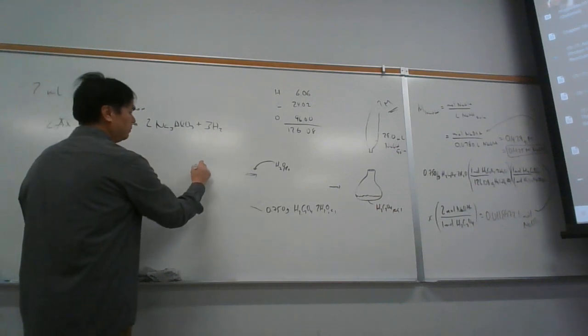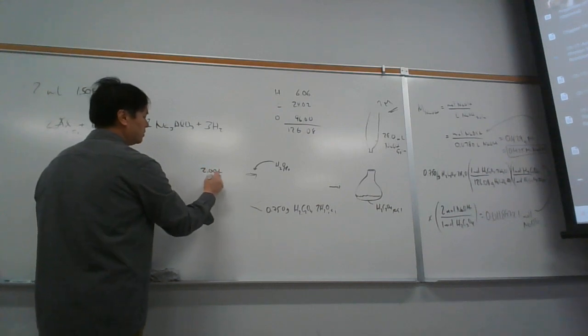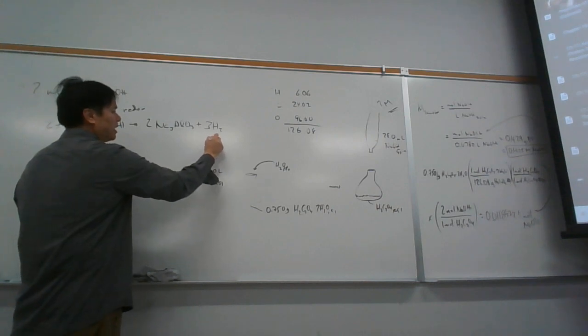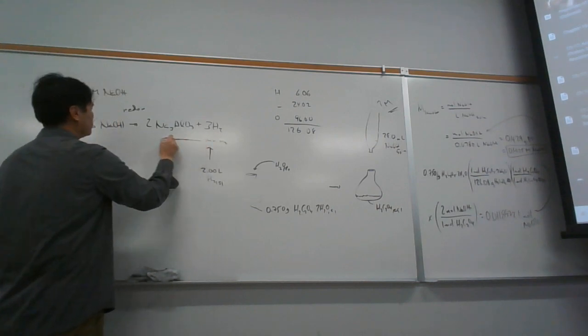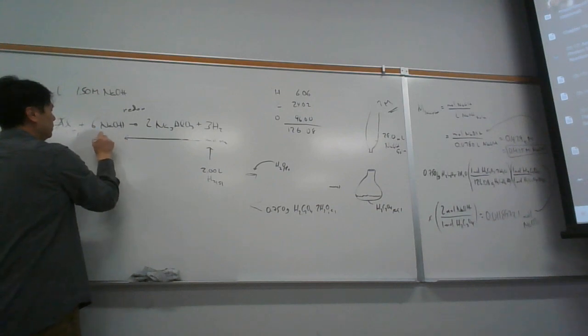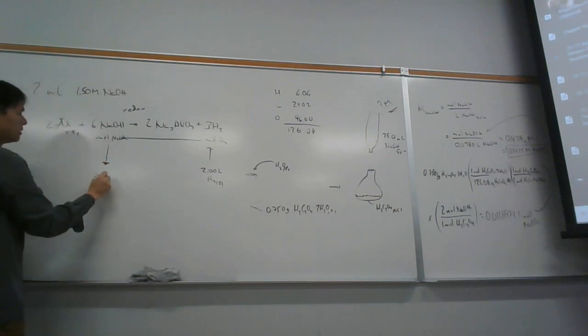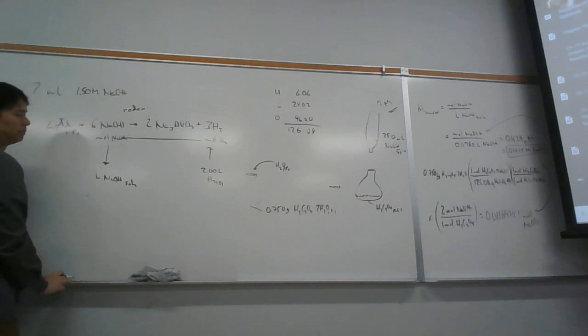So over here, we want to end up with 2.00 liters of hydrogen gas. And then we need to go to moles of hydrogen gas here. Then from moles of hydrogen gas, we're going to go to moles of the sodium hydroxide. And from moles of sodium hydroxide, we're going to go to liters of sodium hydroxide solution. Okay.